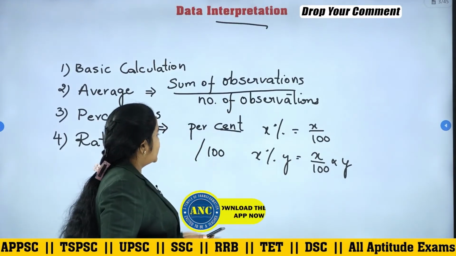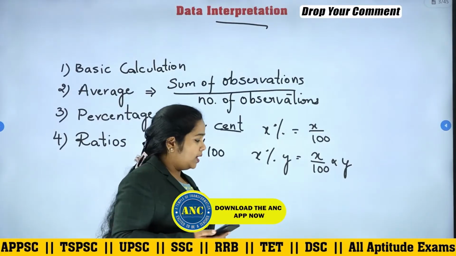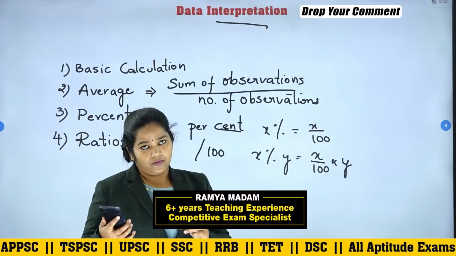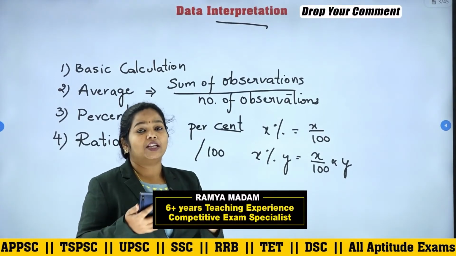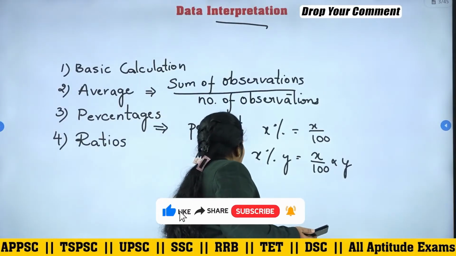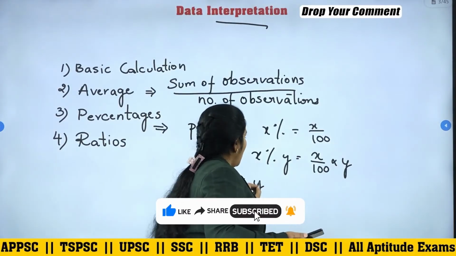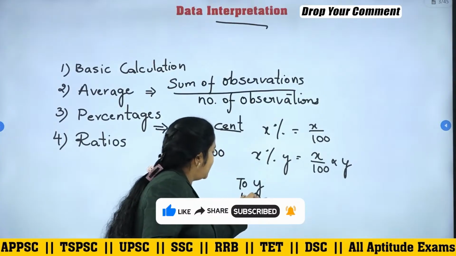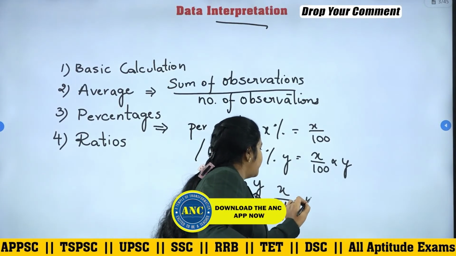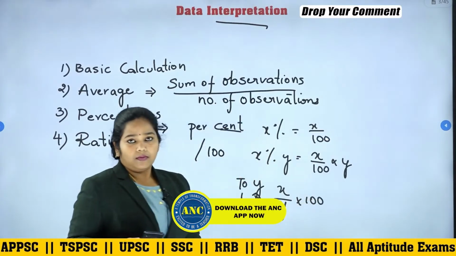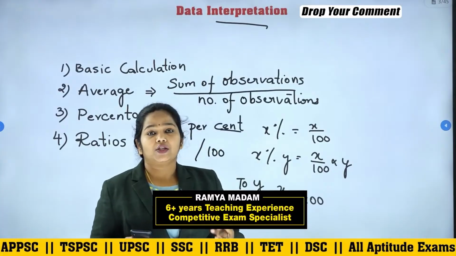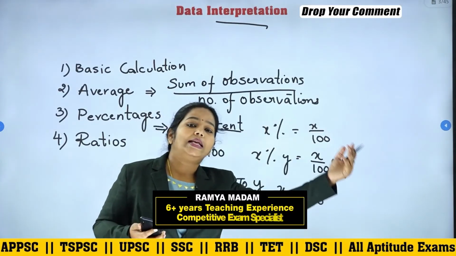Next, there are other things here. What is X percent to Y? What is the percentage of X to Y? If there is something like this, with "to Y", always whatever you get after "to" will come in the denominator. So it's X by Y into 100. There is another type: what is the percentage of X more or less than Y?